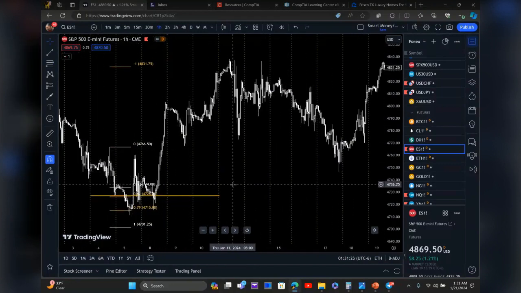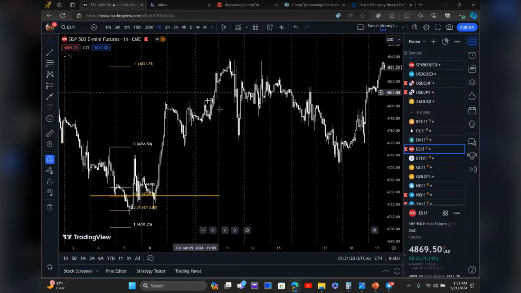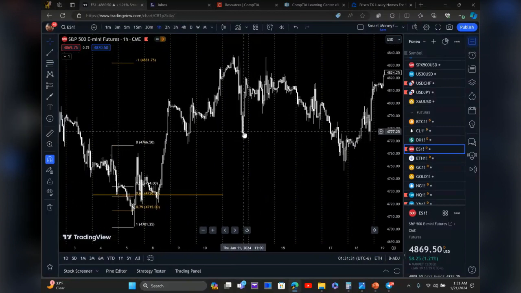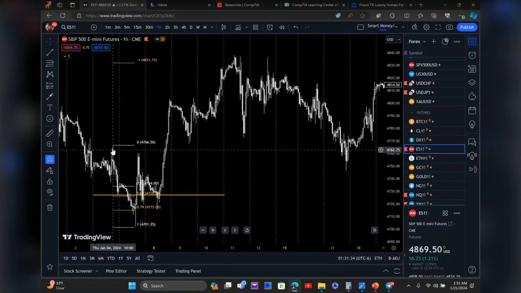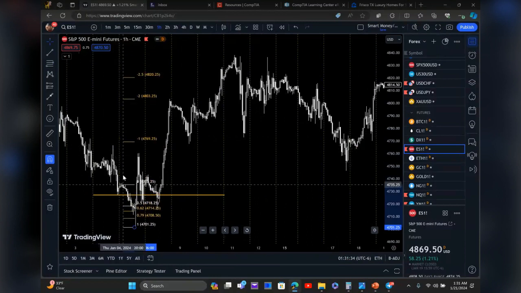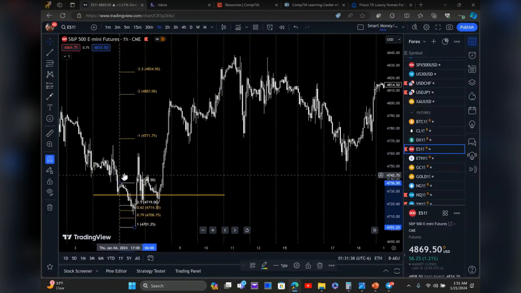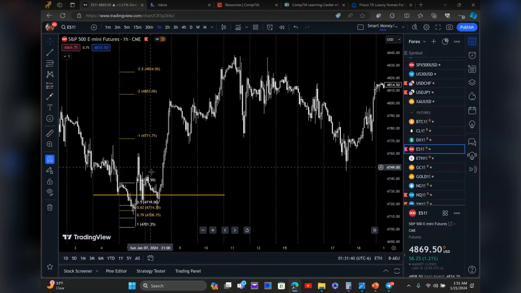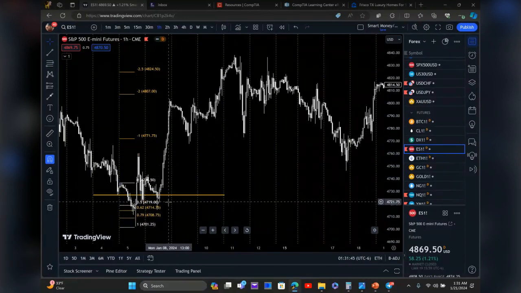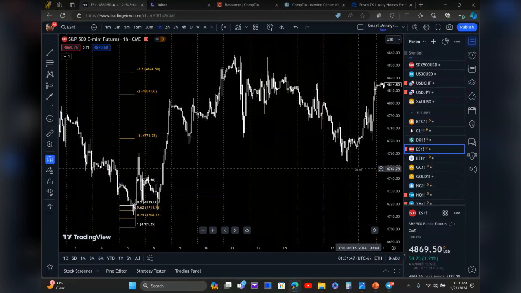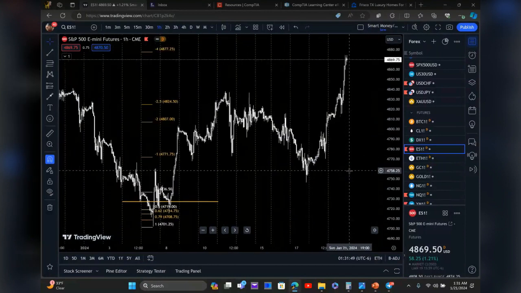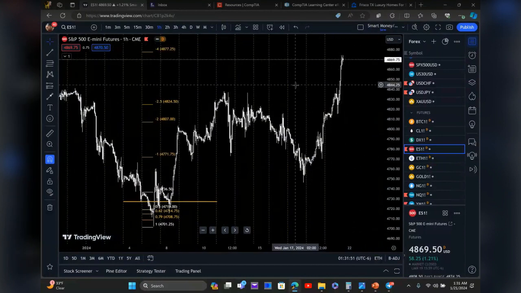Right? This one looked like it played by a different set of rules. Let's see if we would have marked this one. Okay, so we broke structure, came down, mitigated here. Had a liquidity sweep there. Went up, came down, almost to the -4.